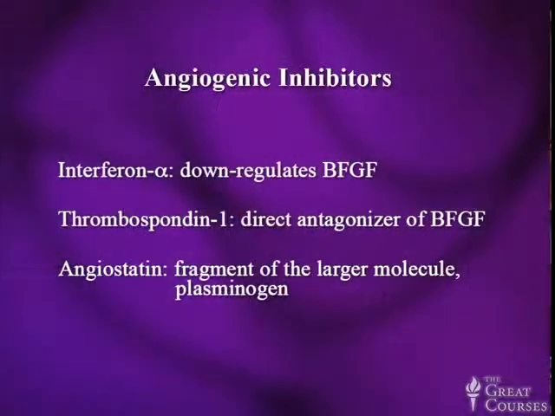So Dr. Folkman and his researchers, he has a fantastic lab, and I might add, I'm proud to say he's a surgeon who's doing all this intellectual, careful research and not a medical guy. He started looking for angiogenic inhibitors, and he found, and his laboratory assistants and other laboratories also found, these inhibitors: interferon alpha downregulates basic fibroblast growth factor; thrombospondin, which is another chemical involved in the clotting mechanism, is an antagonizer.